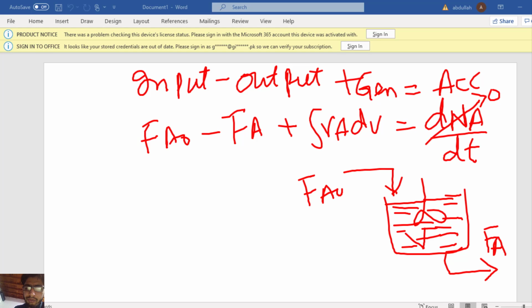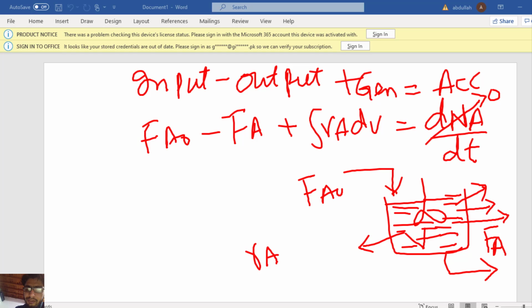There is also another assumption: there is no spatial variation in the rate of reaction in the CSTR. Like in the batch reactor the rate was constant, similarly in the CSTR there is no spatial variation of the reaction parameters. The temperature is constant everywhere in the reactor, the concentration is constant everywhere in the reactor, and the rate is also constant everywhere in the reactor.